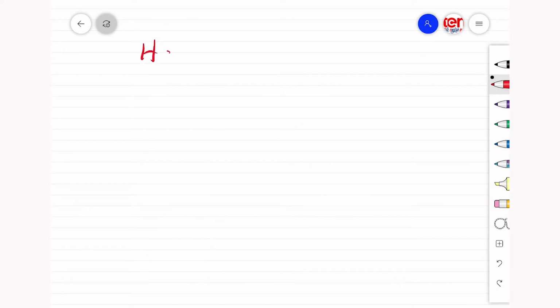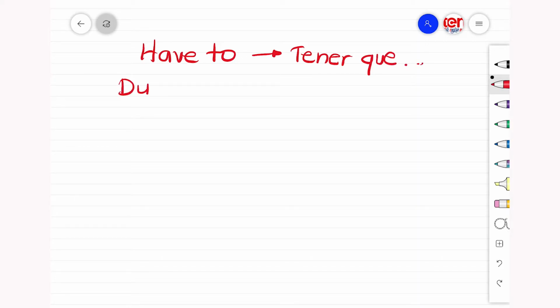Now, let's see some examples with have to. Have to, as I told you, expresses the idea tener que. Usually we express this for duties, your responsibility, deberes. I have to get up early.